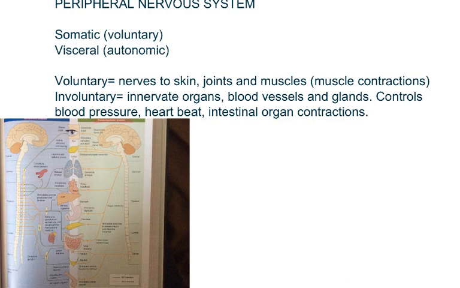Okay, so it controls our blood pressure as well, our heartbeat, and also any contractions within our intestinal organs. So stomach contractions, we're looking at the liver, muscles around the liver and all sorts of organs working, our intestines, contractions through there. So it's got quite an important job.